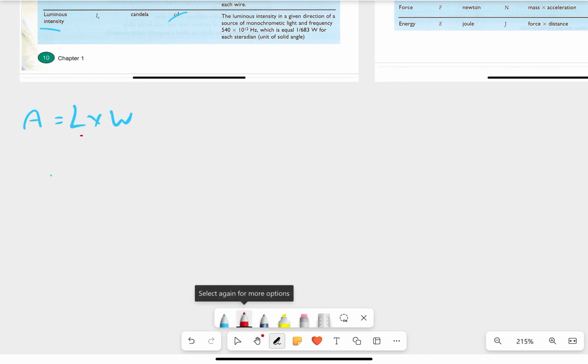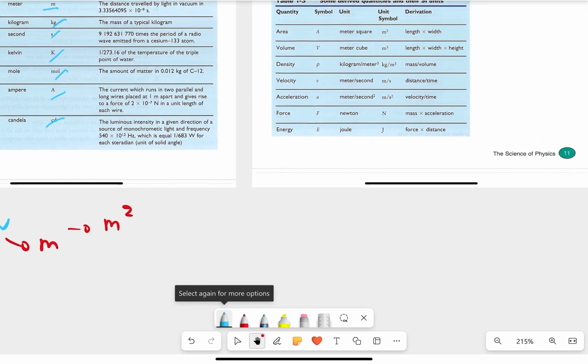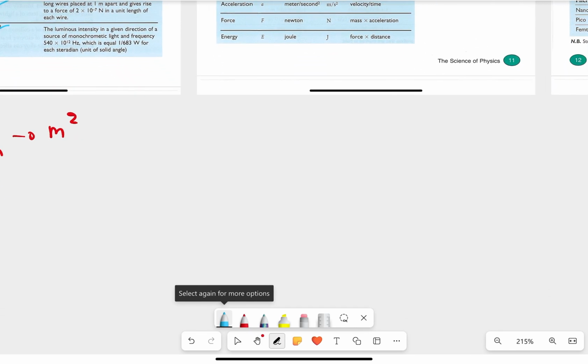And you know that length is measured in meters and also width is measured in meters. So the unit of area will be what? Will be meter squared, okay? Or square meter. Or take the equation of volume. So volume is equal to length multiplied by width multiplied by height. It's the same, by the way.